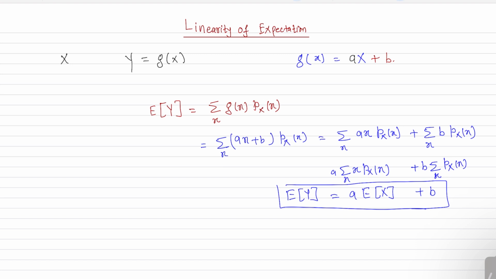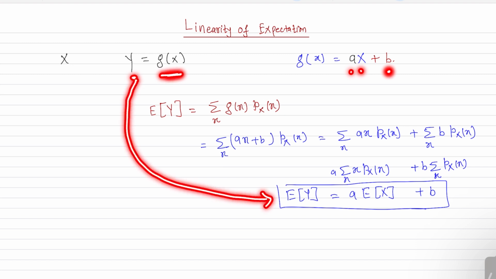Now look at our function. This linear function is multiplying the random variable by a, and it is adding some constant. And this y is a function of this x. What we have found for the expected value of y is that the same effect is going on in the expectation.